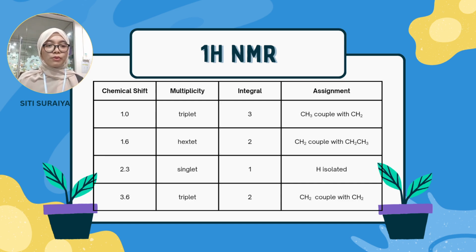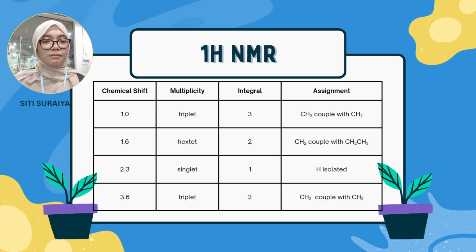Moving on to 1.6 ppm, there is a sextet integrating for 2 protons. This corresponds to a middle CH2 group that is coupled with an ethyl group. The complex splitting pattern tells us it is interacting with multiple nearby protons.